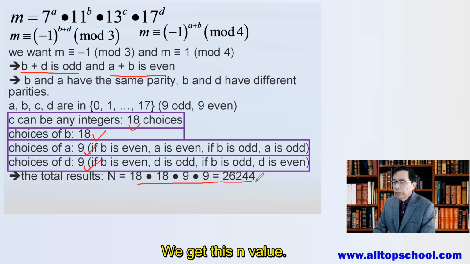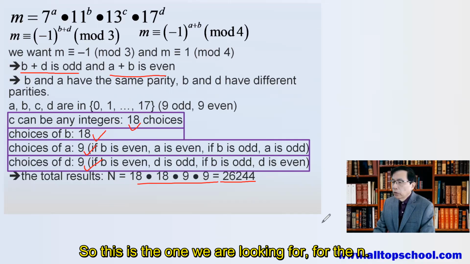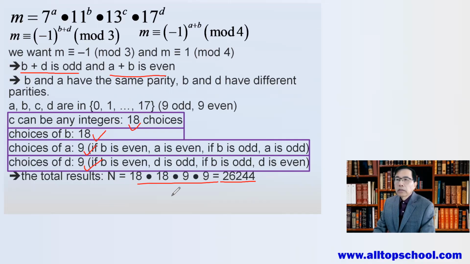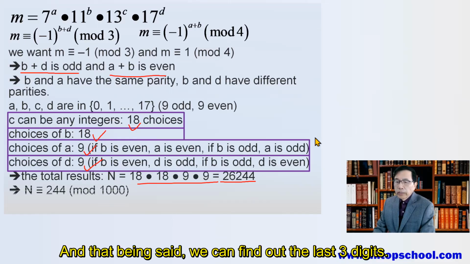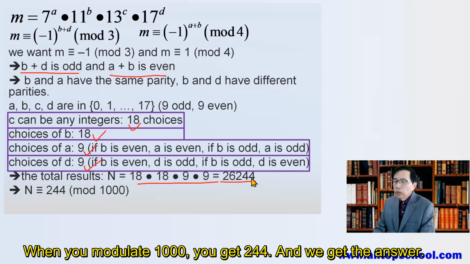We get this n value, so this is the n we're looking for. That being said, we can find the last 3 digits. When you take modulo 1000, you get 244. And then we get the answer.